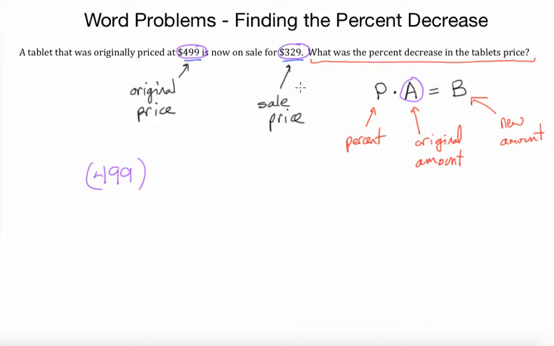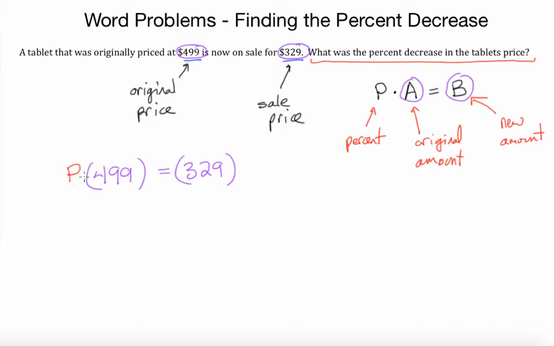That's my new amount after the percent, so I'm going to put that in for B. So I know what it should equal: $329. The only thing I don't know is this value P, the percent, so I'm going to solve it. So here we go. Now I have an equation. What percent P, when I take it of $499, equals $329? And now I have a really basic algebraic equation that I can solve to help find this percent.